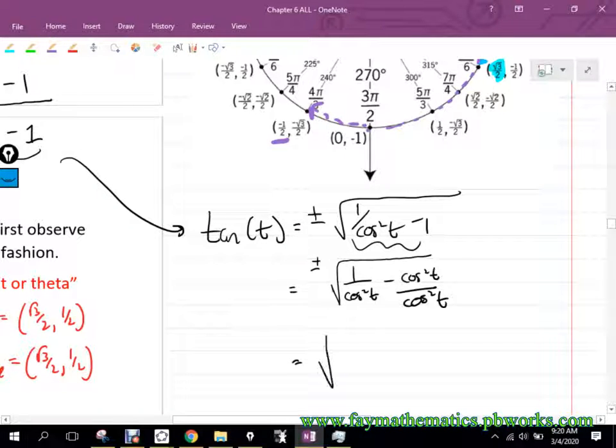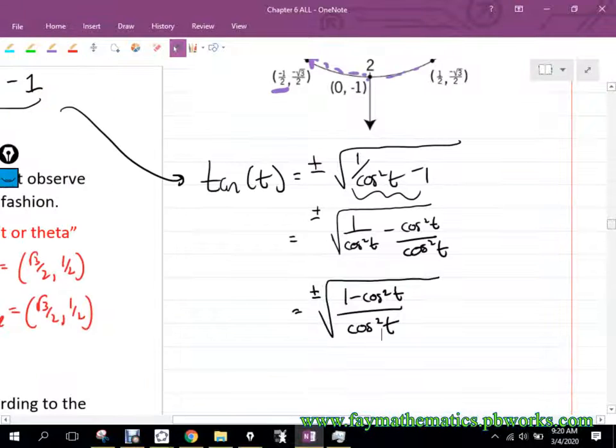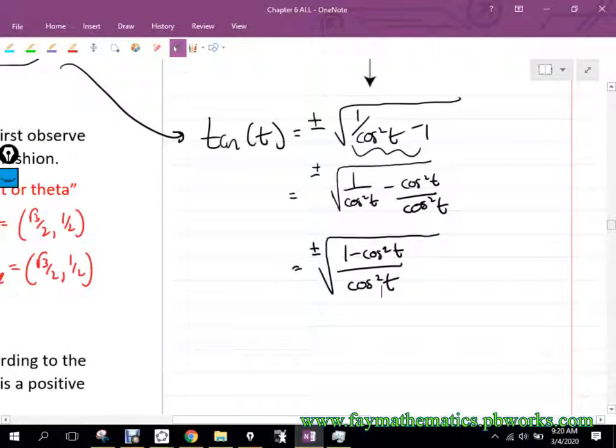And now I can rewrite that as plus or minus the square root of 1 minus cosine squared t over cosine squared t. And that denominator is the whole reason why I tried to merge that fraction. Because we know that the square root of a fraction is equivalent to a fraction of square roots, right?